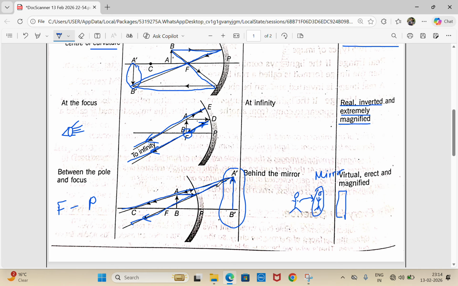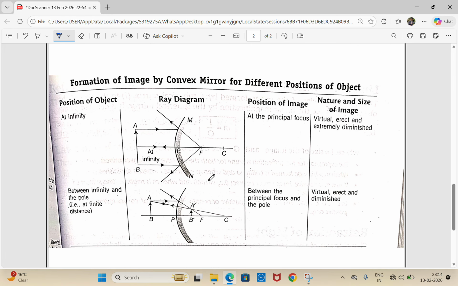Now we are coming to the last part, that is the convex mirror. So always remember that in case of convex mirror, the image formed is always virtual and erect. And here are two cases.